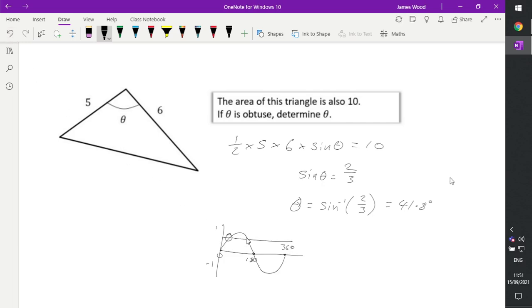There's the first one, which is 41.8. And here's the second one. So I need to do 180 minus that. So that's 138.2. And that must be our answer because it told us that it was obtuse.